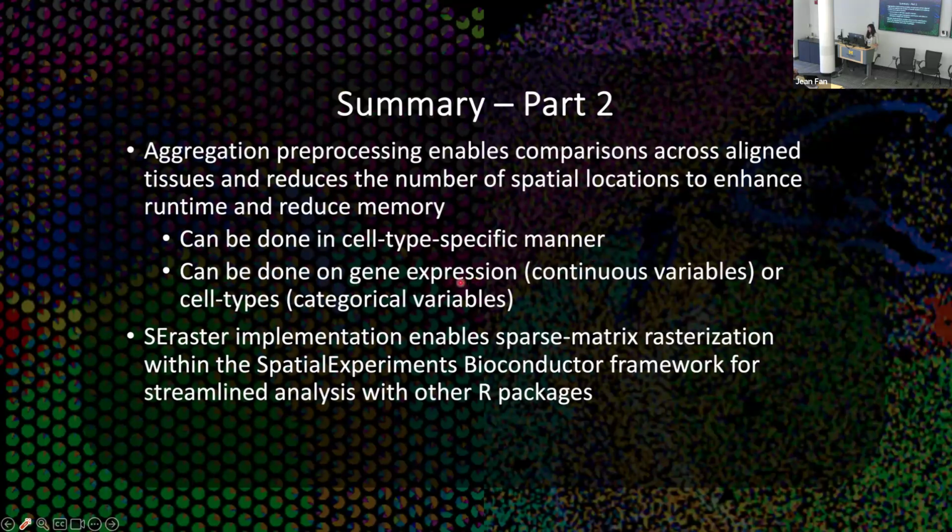We can also aggregate not only gene expression like continuous variables, but also categorical variables like cell types. We've implemented this in an R package called SC-raster, and it's available on Bioconductor now with the latest version of Bioconductor. We encourage you to check it out for more details.